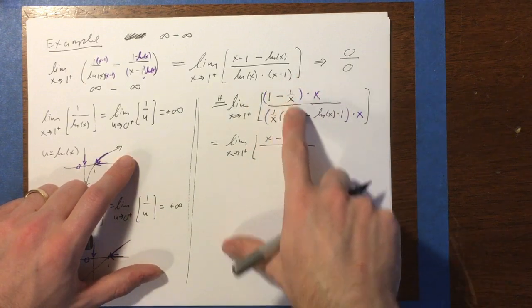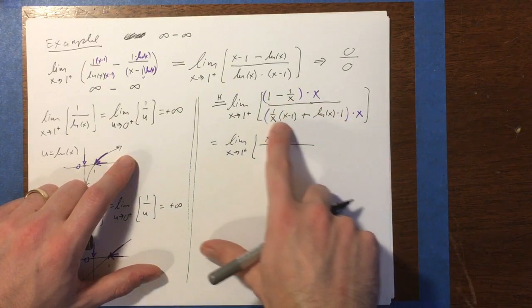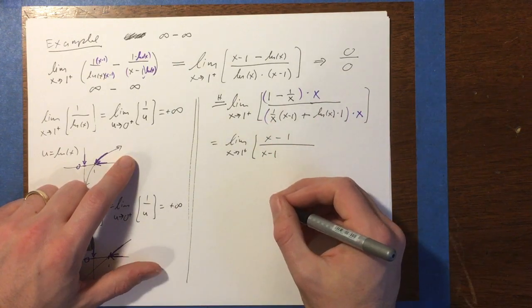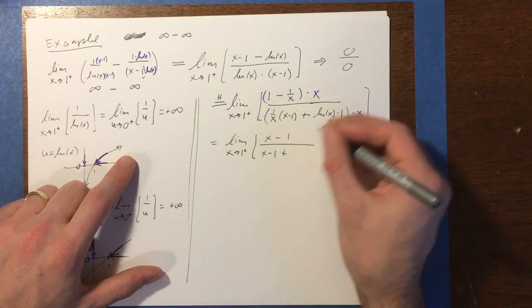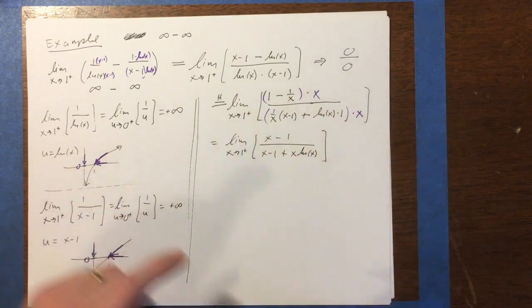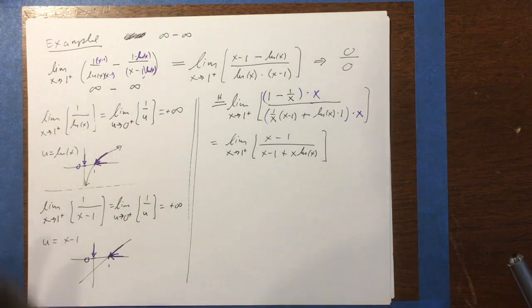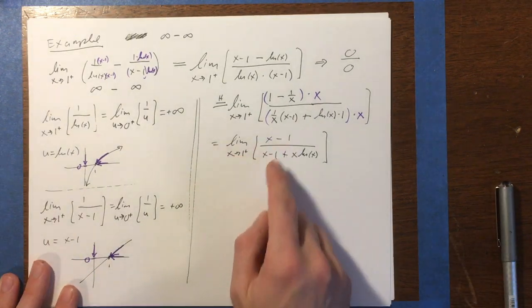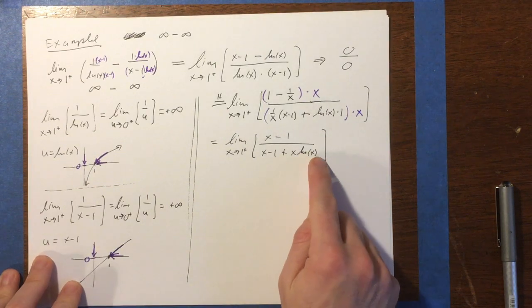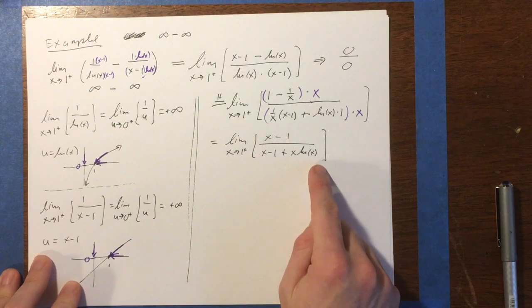So that's x minus 1. And then in the denominator, when I distribute, that's going to cancel the 1 over x over here, so I get x minus 1 by itself there, and then plus x times the natural log of x. Okay, so that simplified it a little bit, but it's still 1 minus 1 over 1 minus 1 plus 1 times natural log of 1.